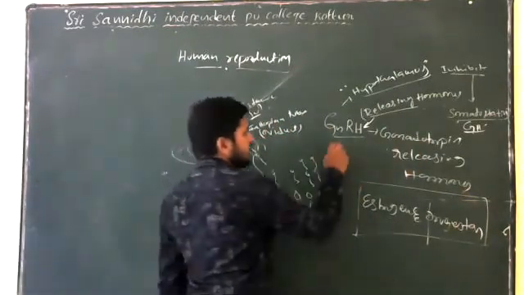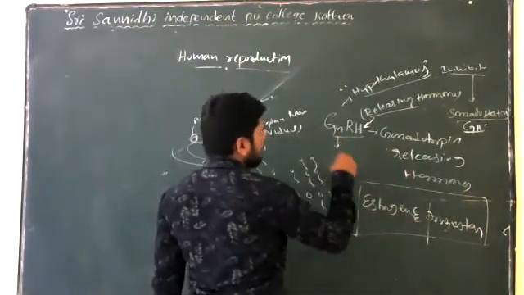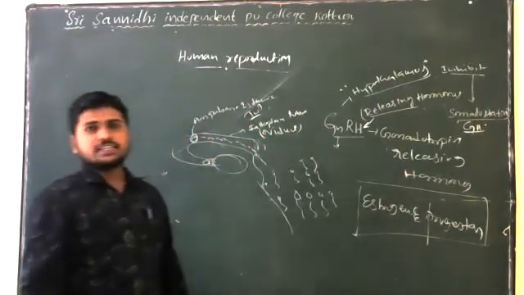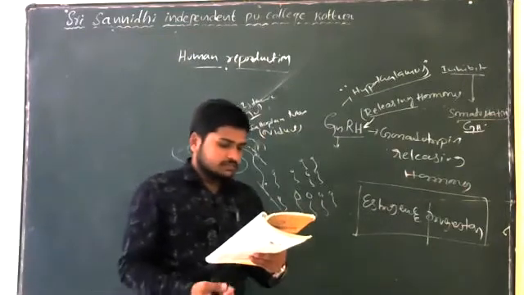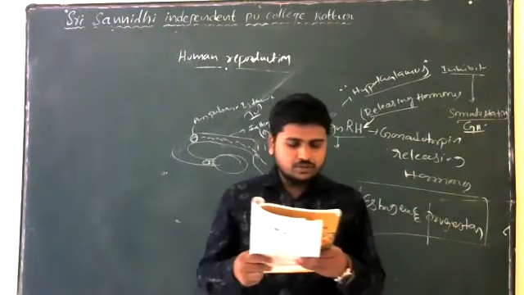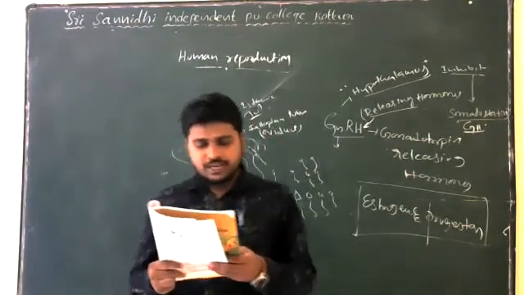So what happens here, gonadotropin releasing hormone stimulates the gonads for the secretion. That's why here, in option 4, they have given estrogen and progesterone. That's why option 4 is the right answer.